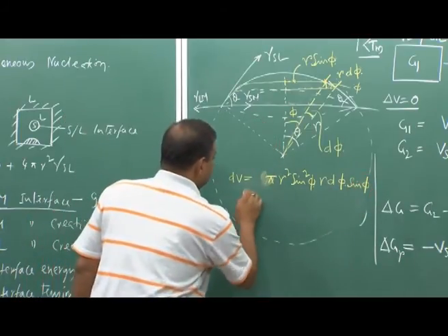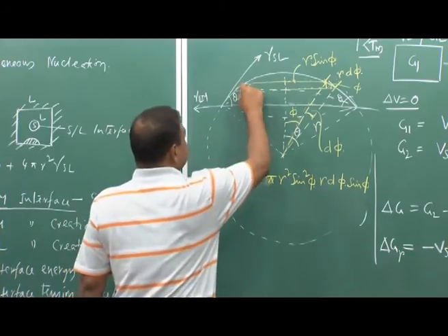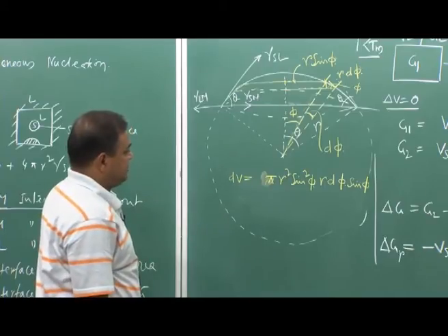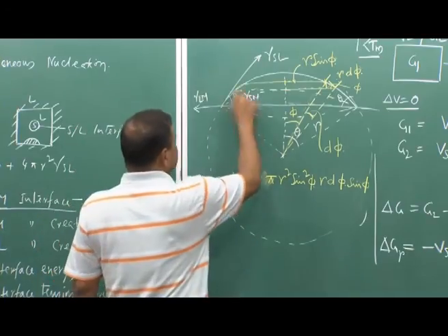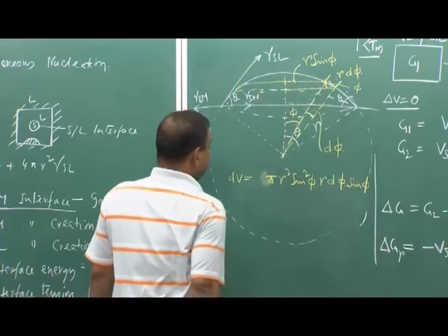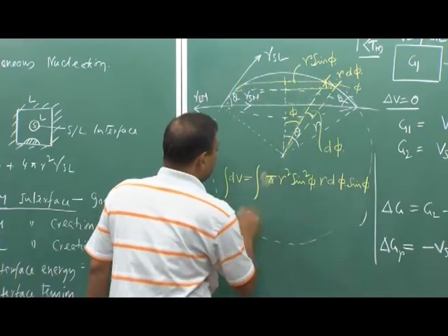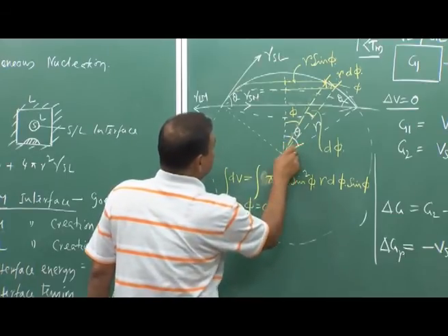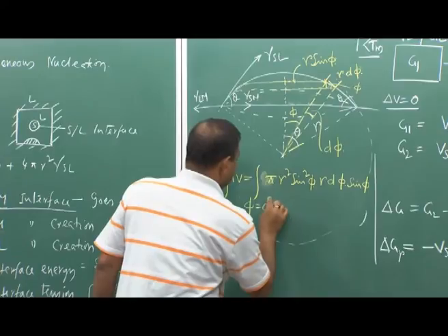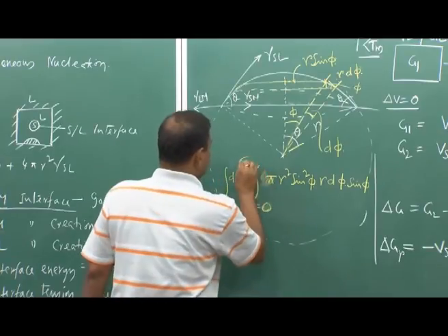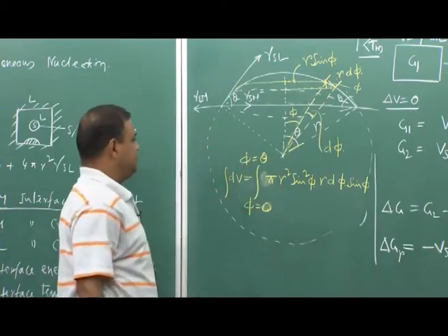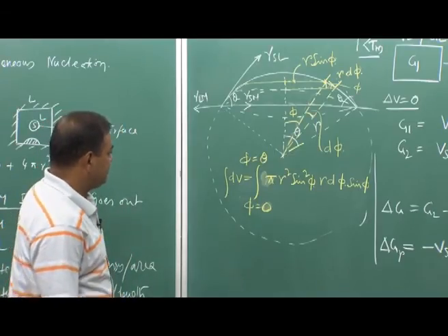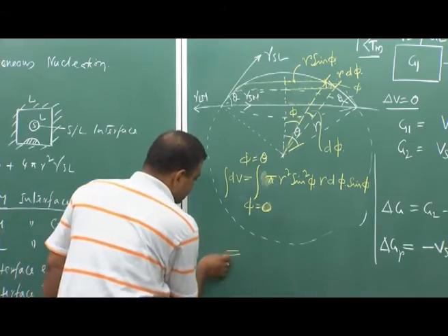So, this is the volume of this small disc, and in order to find the total volume of this particular section, I will just have to integrate over phi from phi equal to 0, that means from here to this portion, to phi equal to theta. So, if we solve this, we would get the expression.